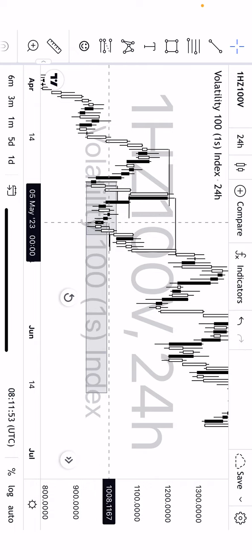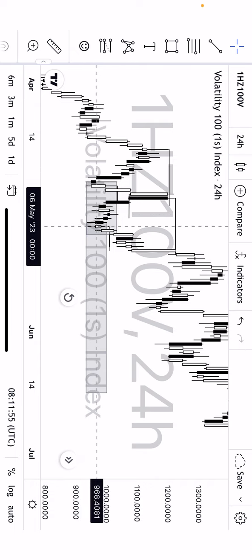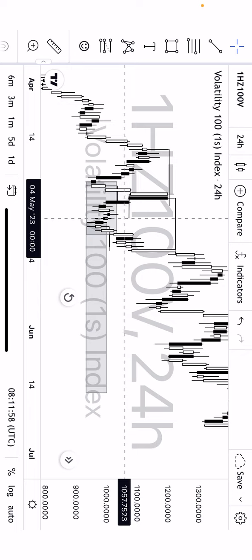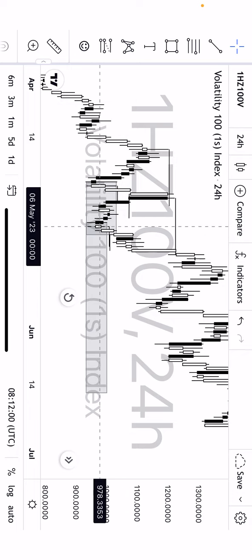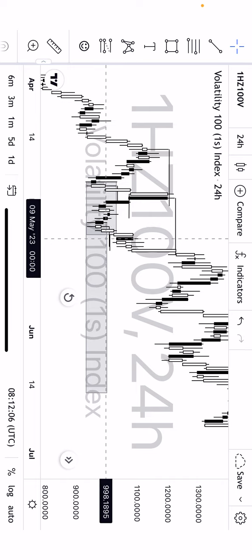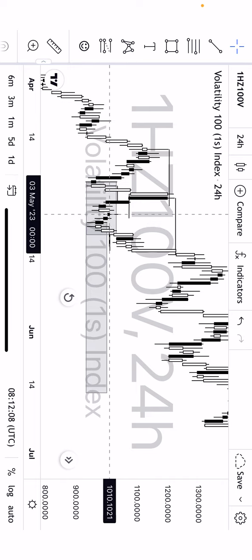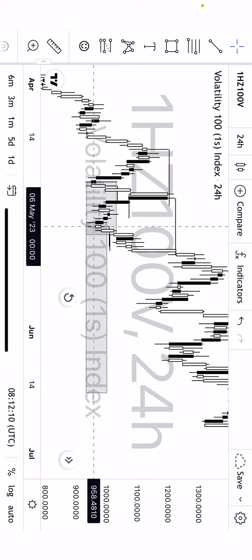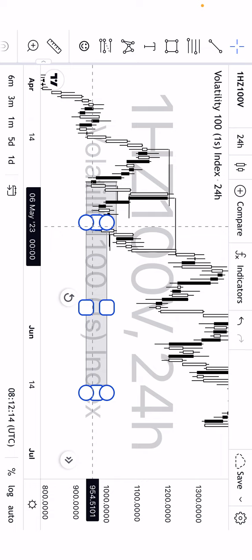This is our sponsored candle. This particular black candle is the sponsored candle. So the market created a demand candle because we've tested our sponsored candle. I don't know why I'm putting supply and demand candle.